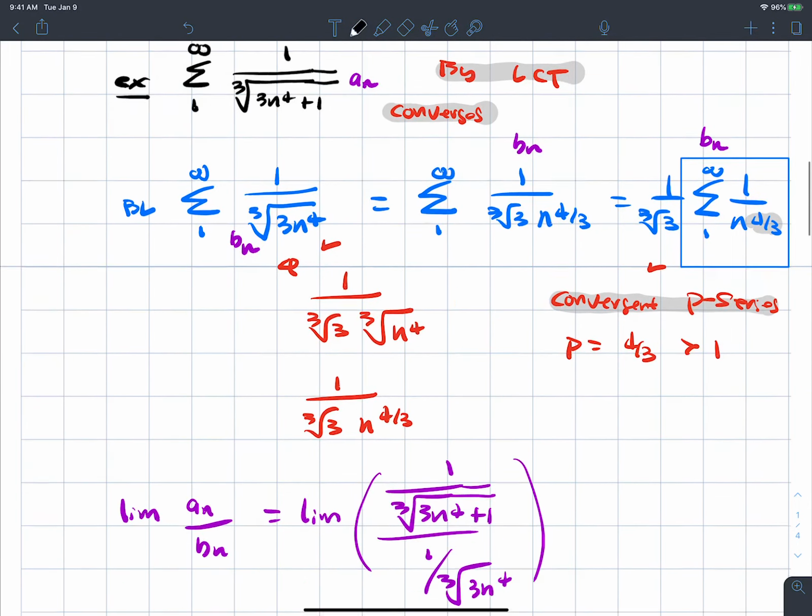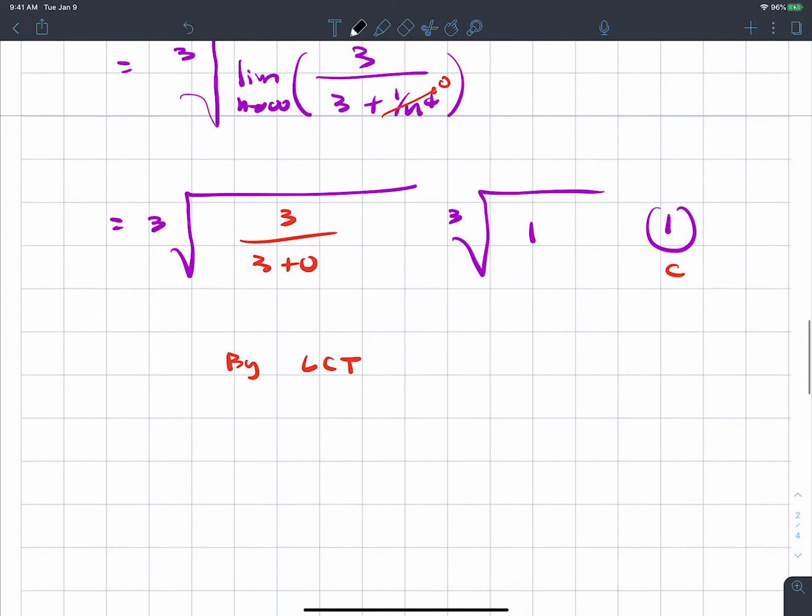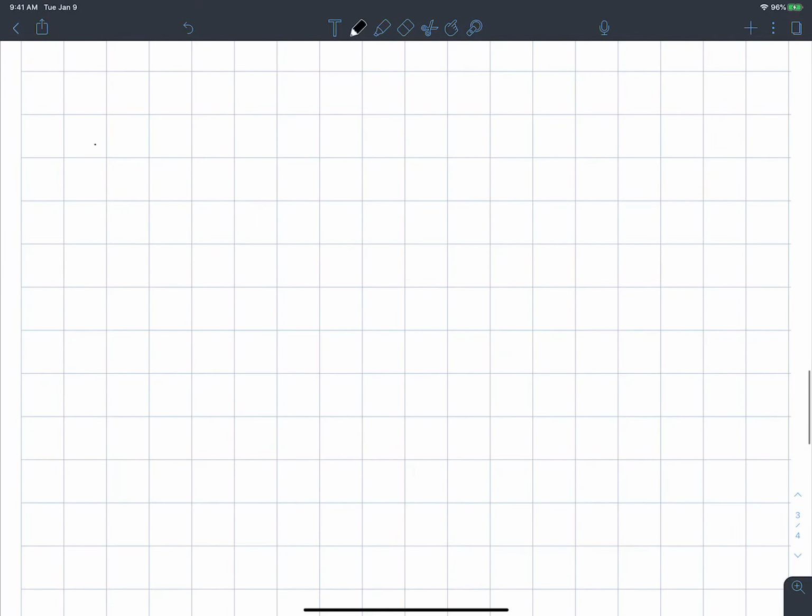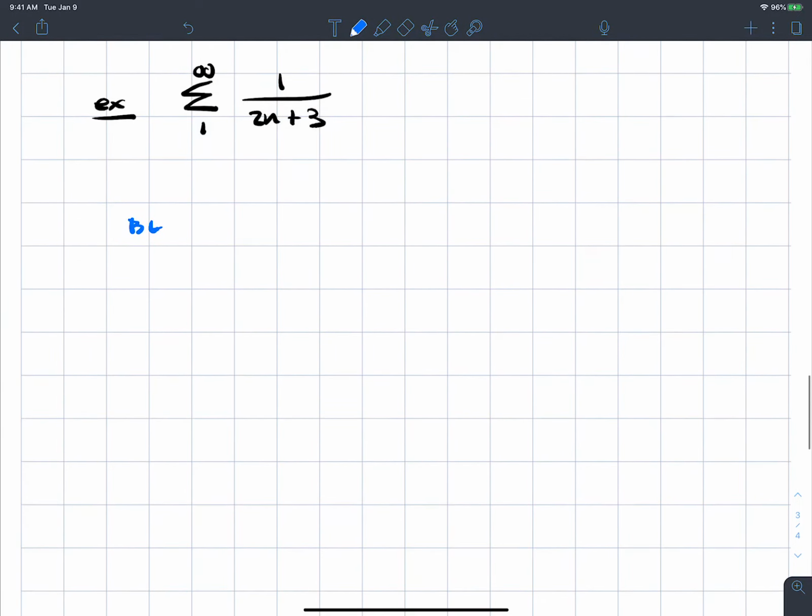So we got some extra examples here this morning for you guys. And let's look at something like this. Not too hard. 1 over 2n plus 3. We're going to have to determine a series that it behaves like. And again, what you want to do is remove the constant term.